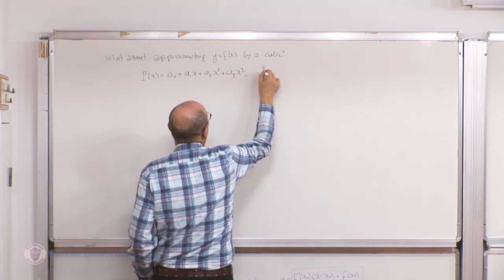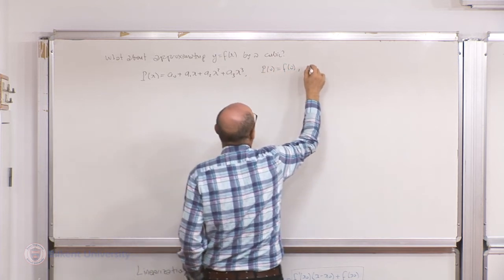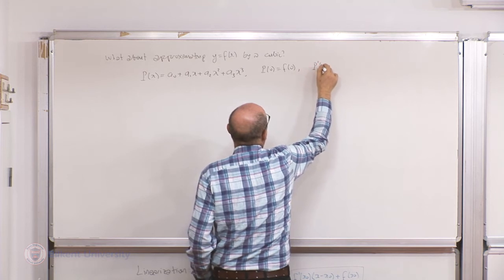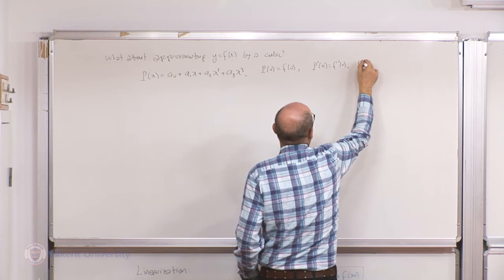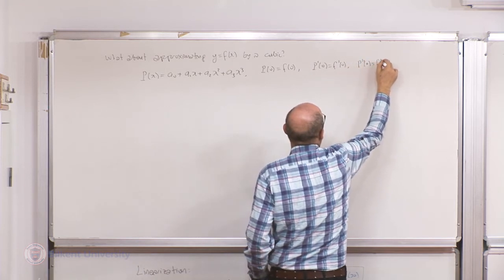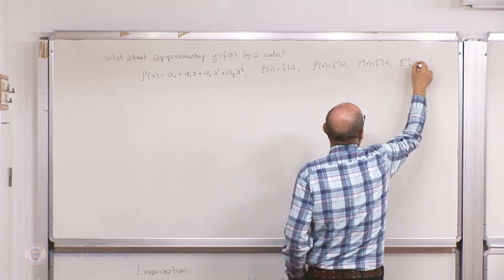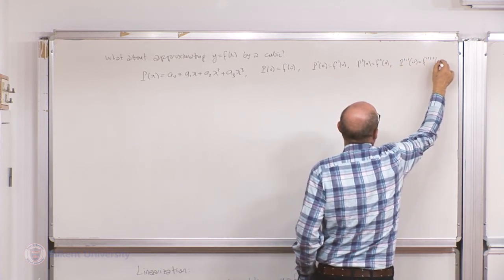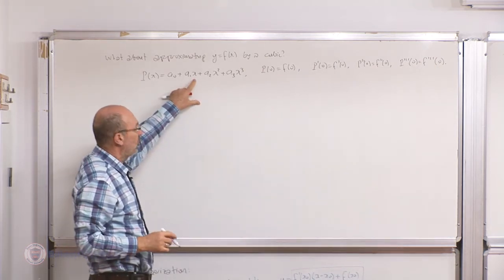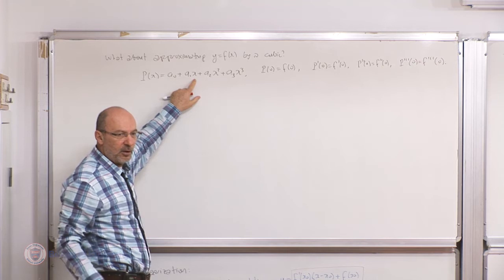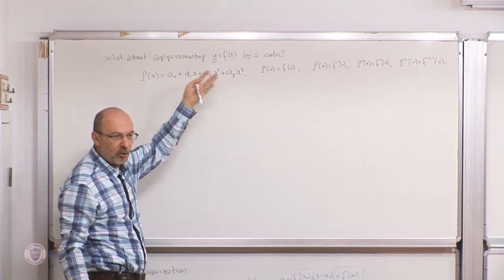And we want P of 0 to be f of 0, P prime 0 equal f prime 0, P double prime 0 equals f double prime 0, and the third derivative being the third derivative. Again, I don't go to the fourth derivative because the fourth derivative of this is always 0, so it doesn't help us in approximating anything.